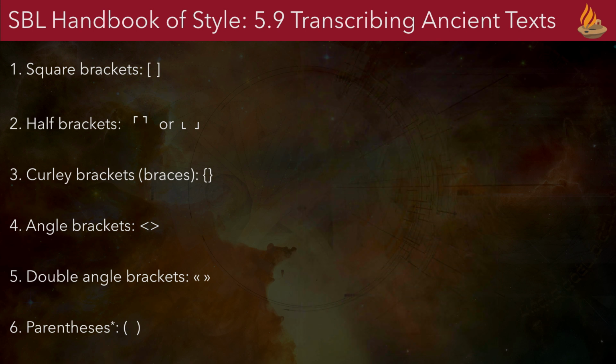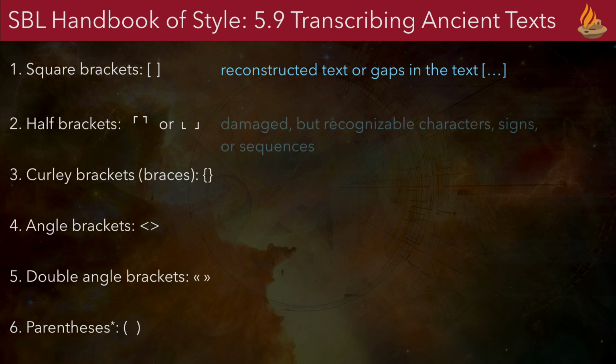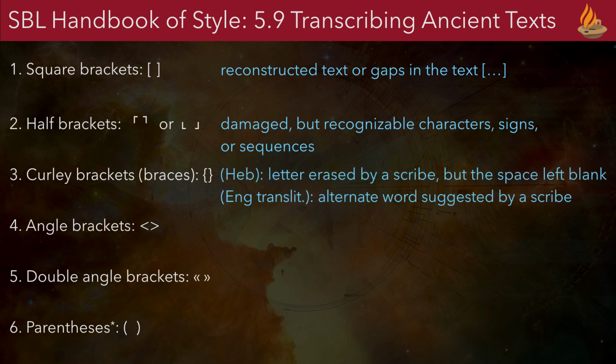Square brackets should be used to indicate reconstructed texts, or with ellipses, gaps in the text. Half brackets should be used for damaged but recognizable characters, signs, or sequences. Curly brackets in Hebrew indicate a letter erased by the scribe, who then left the space blank, while in English transliteration it indicates an alternate word suggested by a scribe.